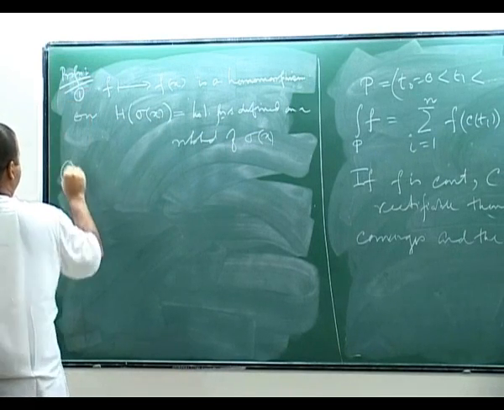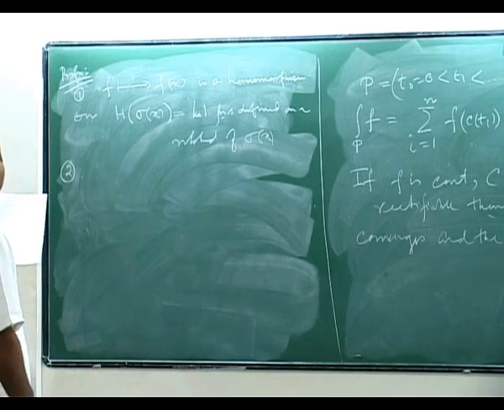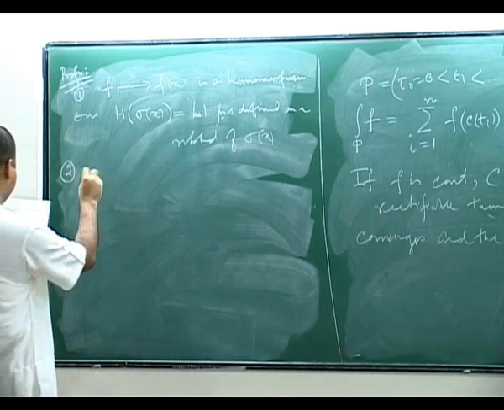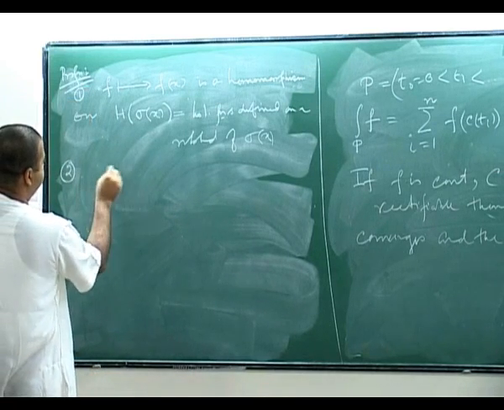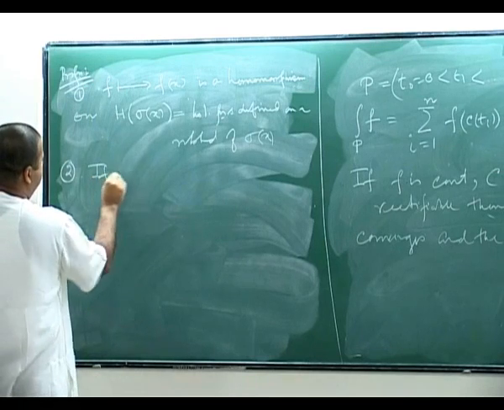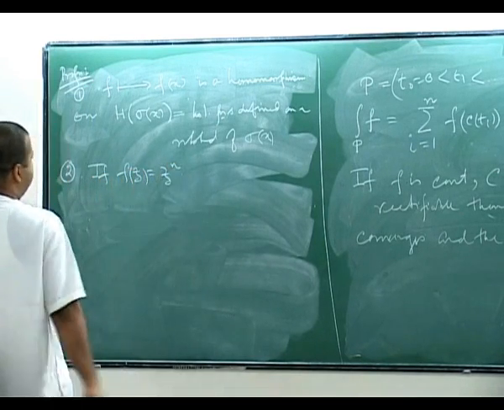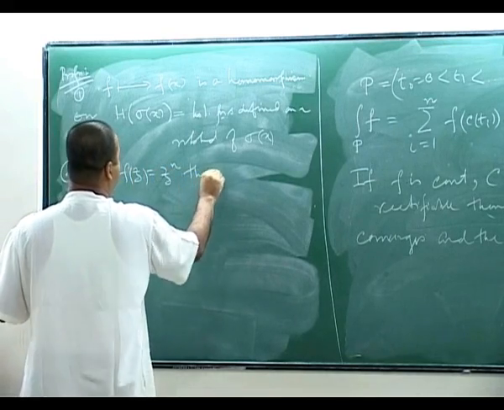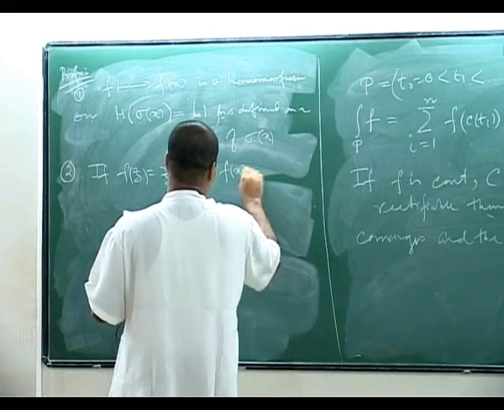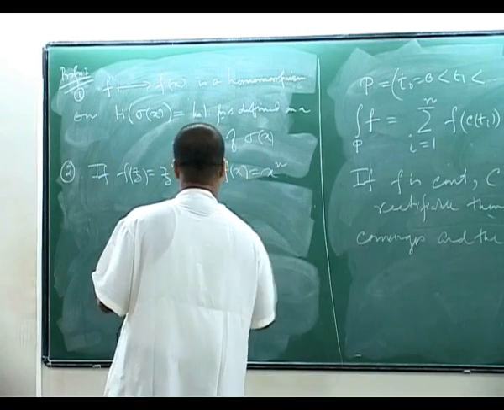And 2, if you consider this function, that if f of z equal to z power n, then f of x equal to x power n.